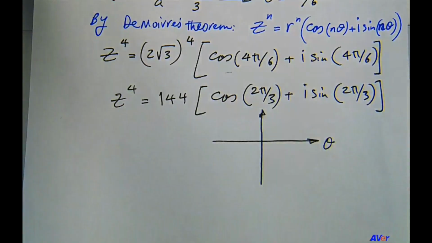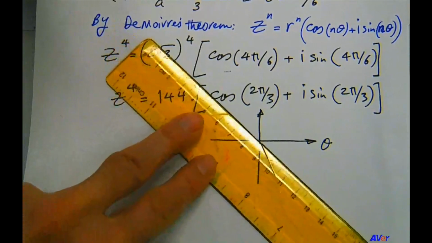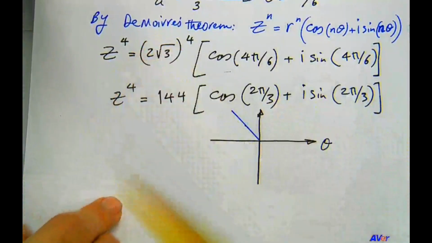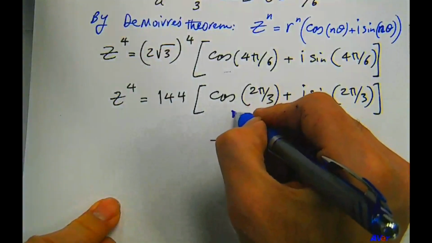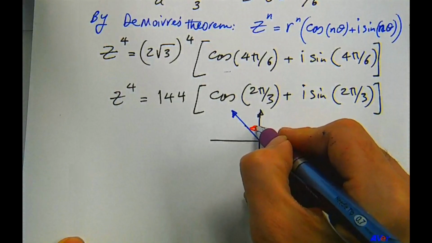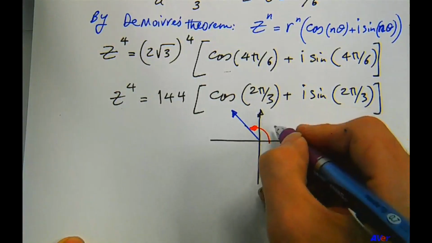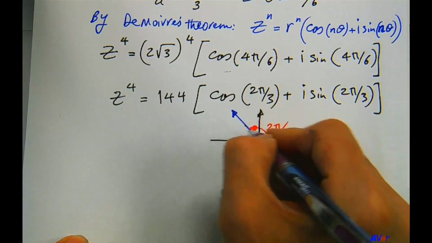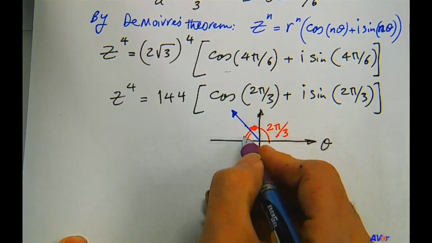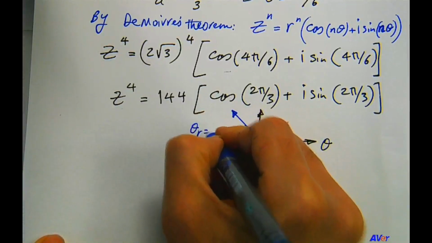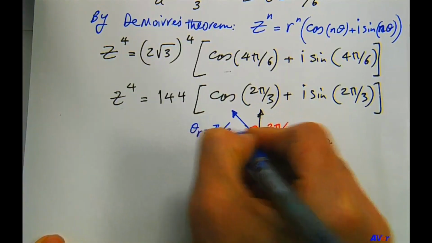So the angle is somewhere here, again in the second quadrant. That is, this angle is 2 pi over 3. So what does that mean in terms of the reference angle? That means the reference angle has to be pi over 3, right?